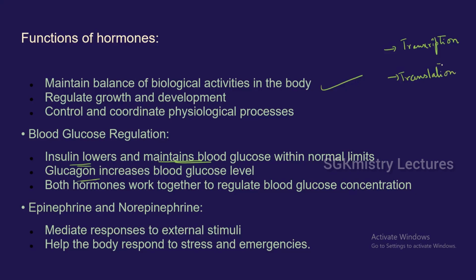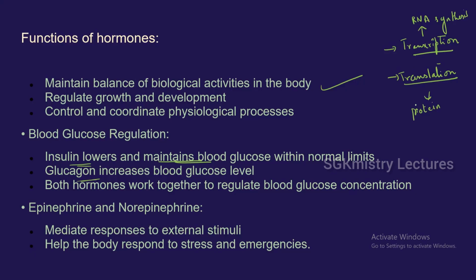Transcription is where RNA synthesis takes place, and translation is where the synthesis of the proteins takes place. The first step is transcription, where the RNA is synthesized. Next, during the translation process, the protein synthesis takes place, which occurs in the cytoplasm of the cell.